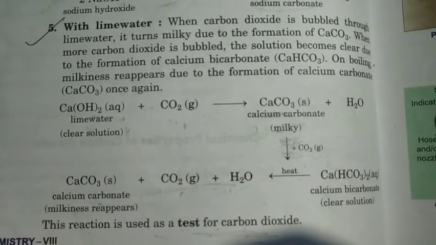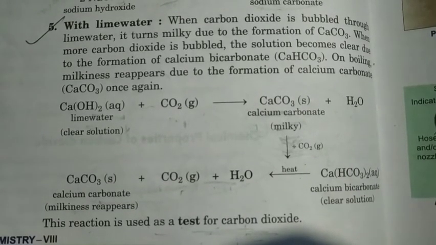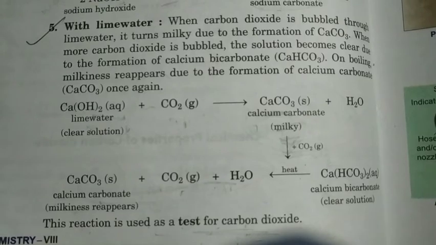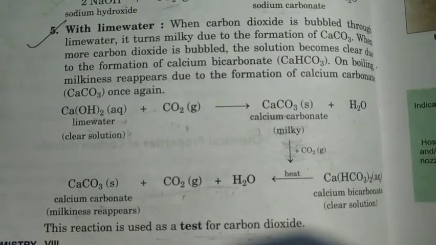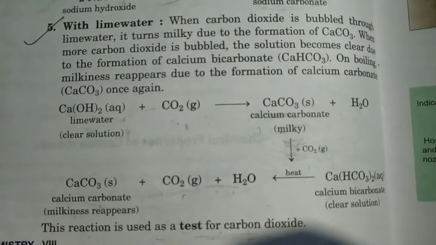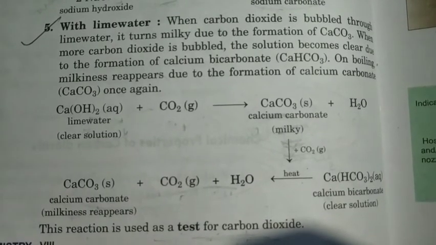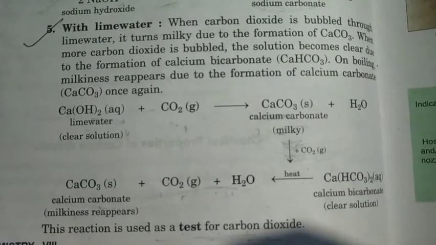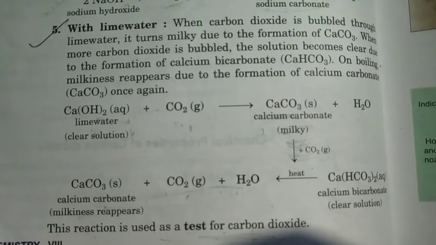Now, if you pass more carbon dioxide gas to it, the solution becomes clear again. Why does the solution become clear? Because of the formation of calcium bicarbonate, which is a clear solution. And again, if you boil this, the milkiness reappears. So first you pass the carbon dioxide gas, and the lime water turns milky.